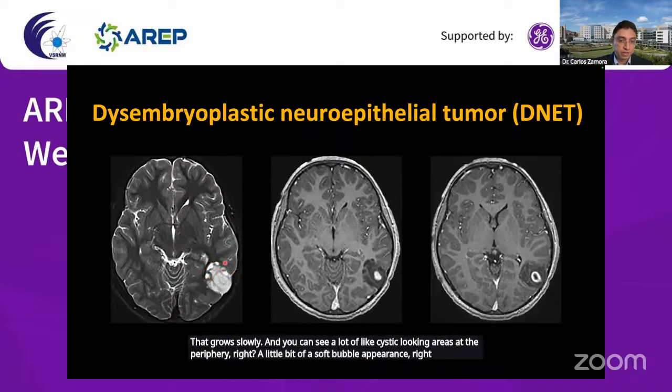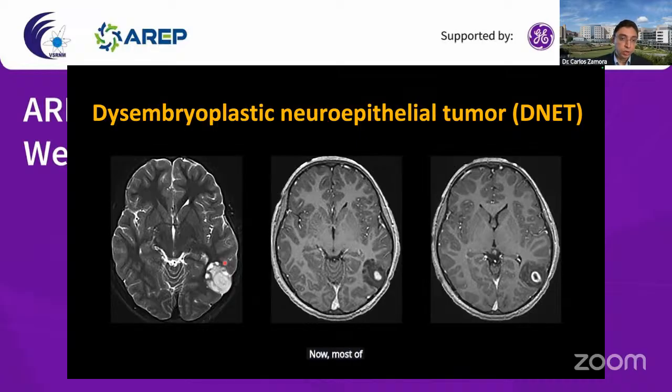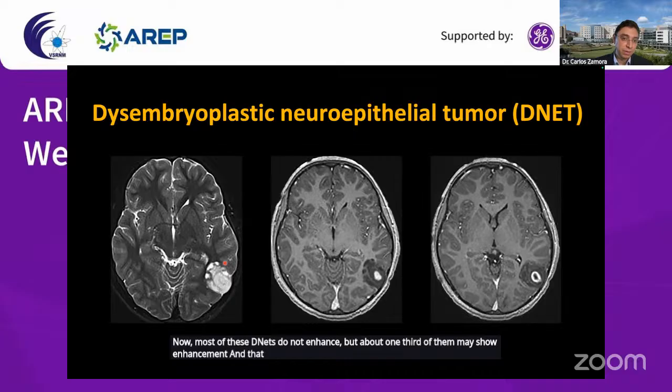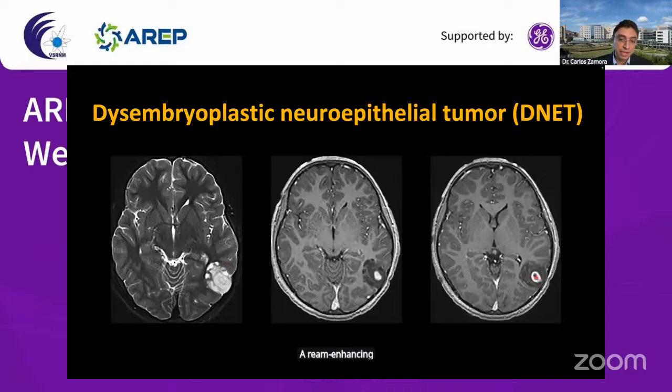That's very characteristic. Now, most of these DNETs do not enhance, but about one third of them may show enhancement, and that enhancement can be in the form of a nodule, or you can have a rounded region of enhancement, a rim enhancing lesion, like in this case.